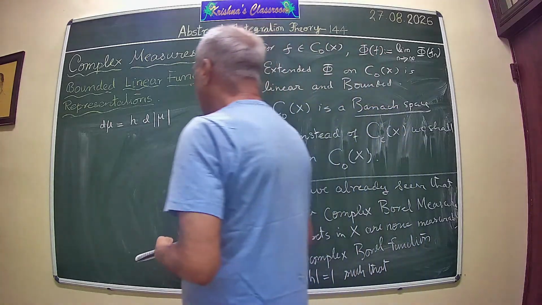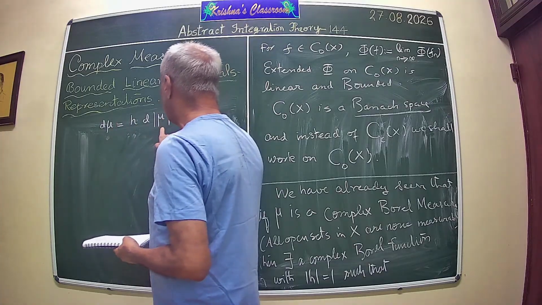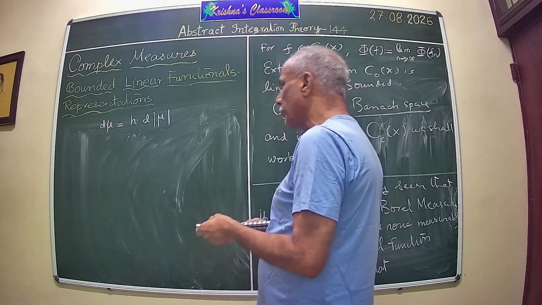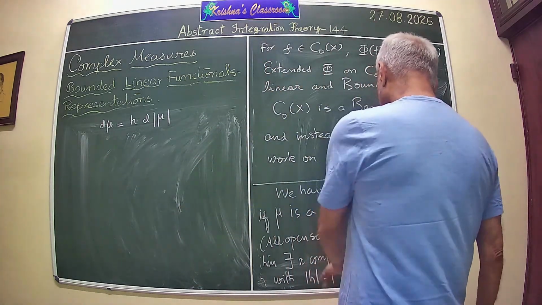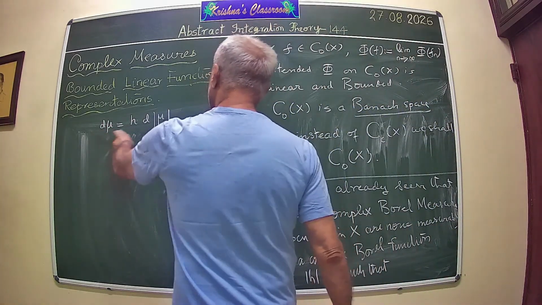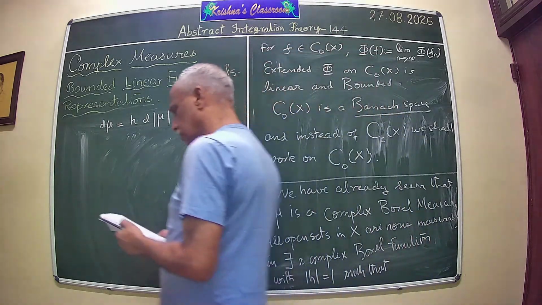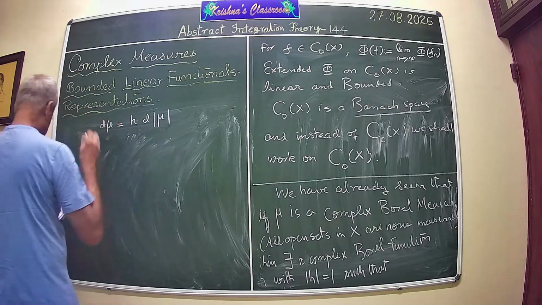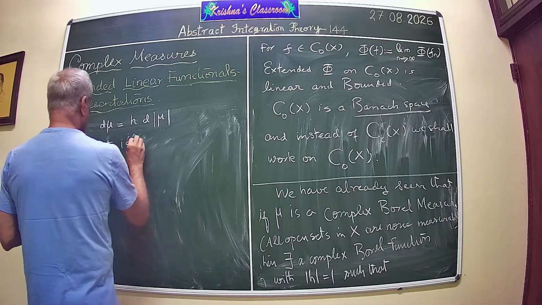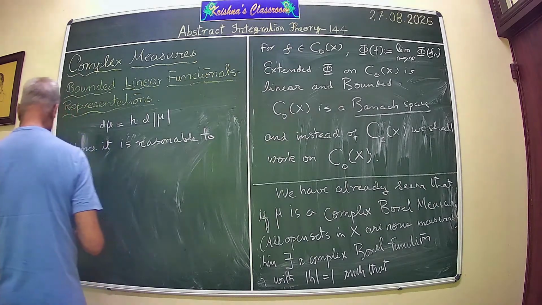You can represent every complex measure in terms of the total measure. Okay, and there exists some h with mod h equal to 1, that means the absolute value equal to 1, such that d mu equals h times d mod mu.